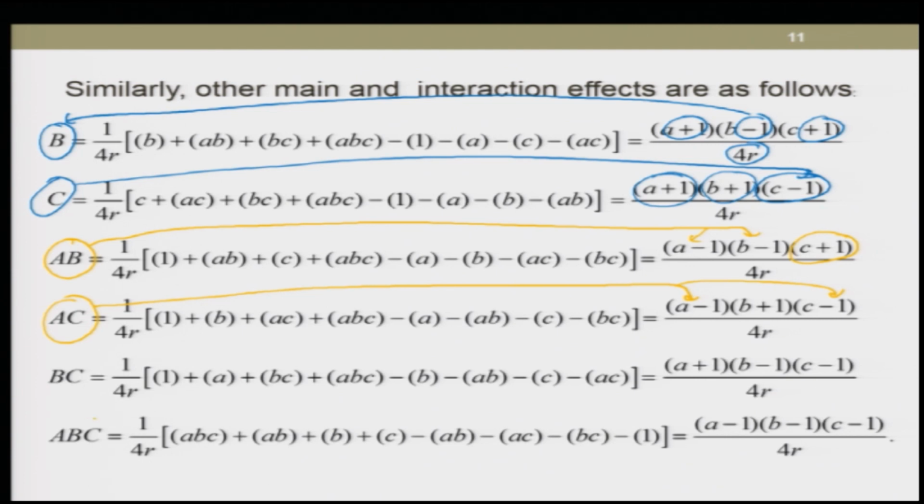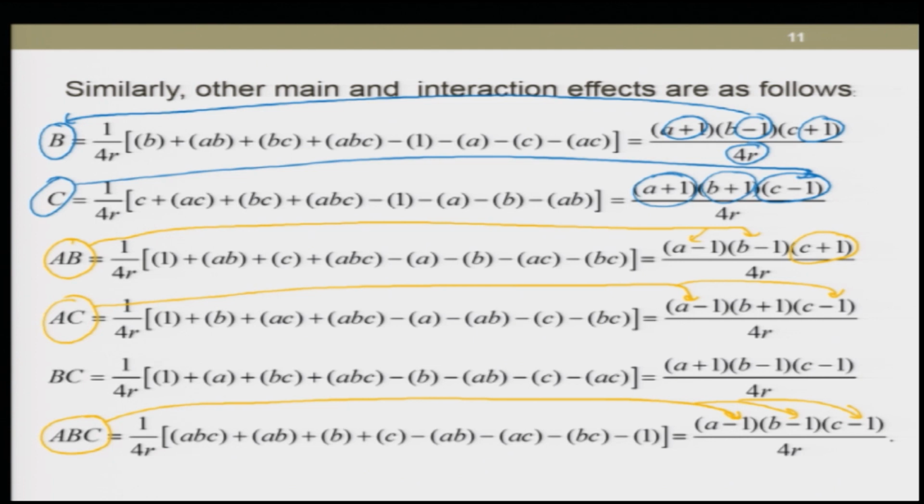And similarly, when you come to ABC, all the 3 letters A, B, C are common, so we are going to get minus 1 for all. Right. So, this is how I can write down all the expressions for A, B, C, AB, BC, AC and ABC.